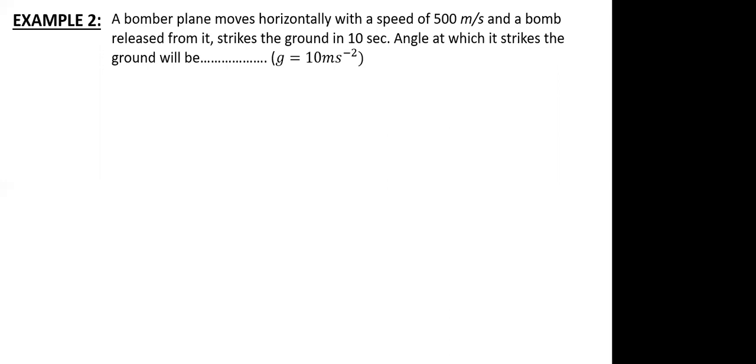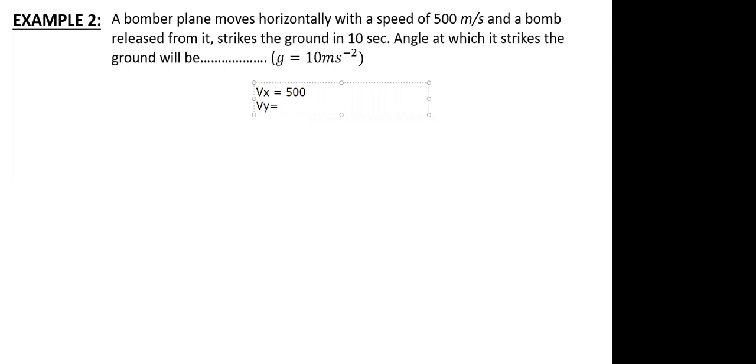So the horizontal velocity of the bomb at the ground is Vh, that is 500 meter per second. The vertical velocity of the bomb at the ground is Vv, and the angle with horizontal is theta.